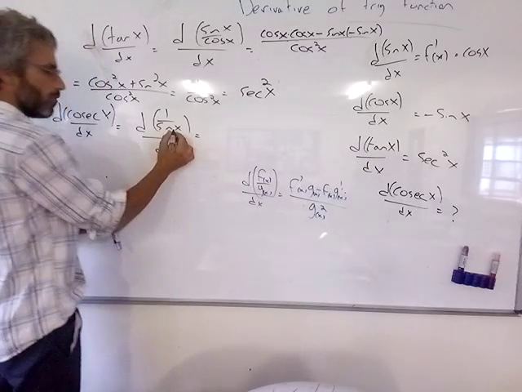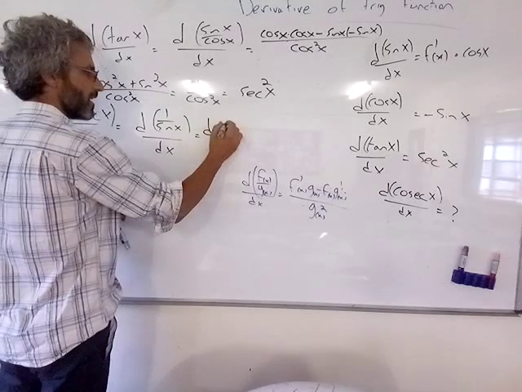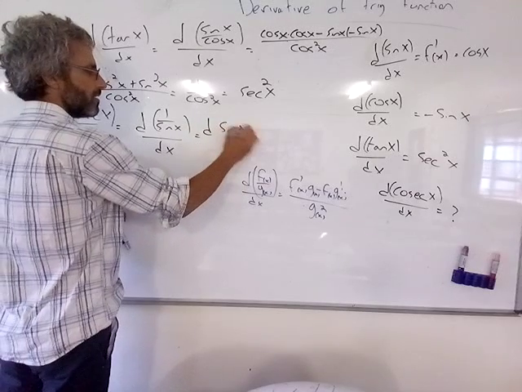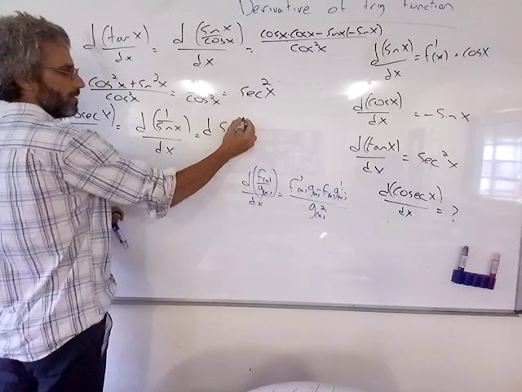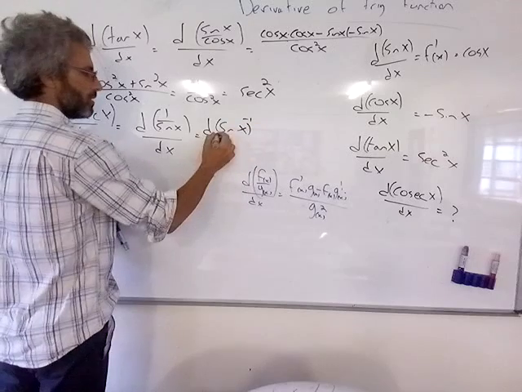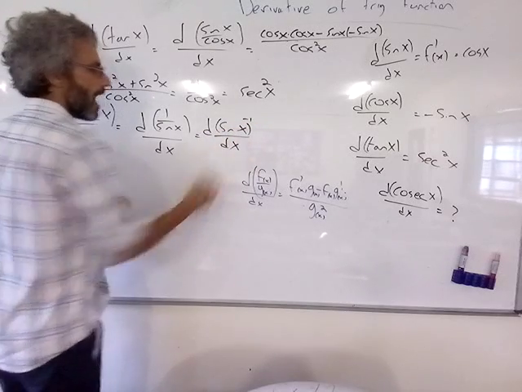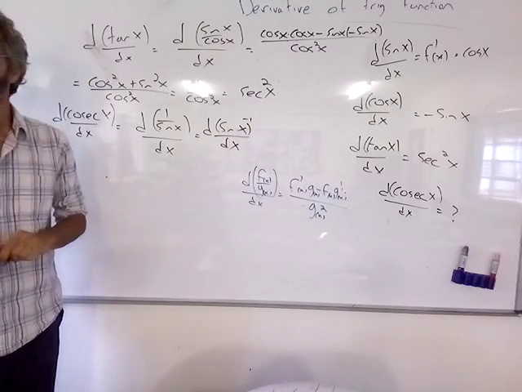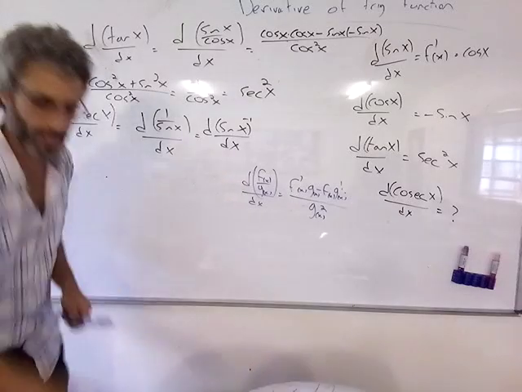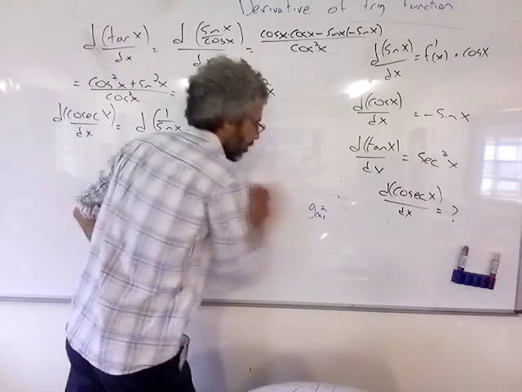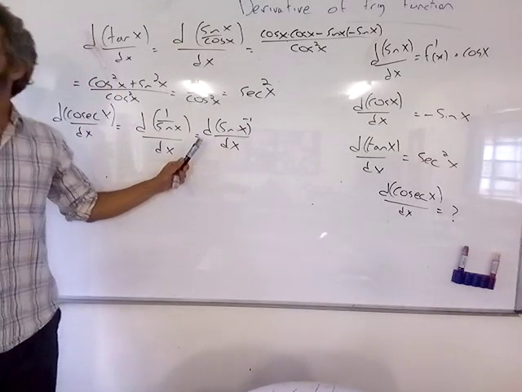So 1 over sine x I can also write as sine to the power minus 1. And now suddenly I only have one function, so I don't need the quotient rule. What we do need is the chain rule.